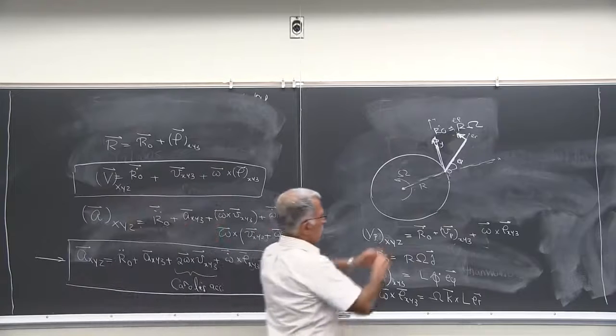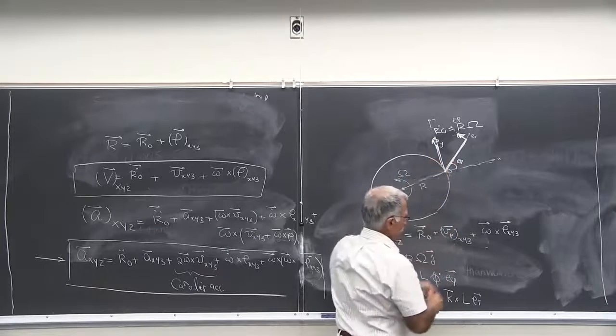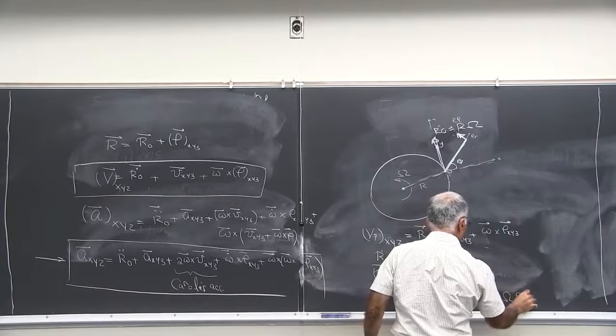K times ER is equal to E phi. So that is L omega E phi.